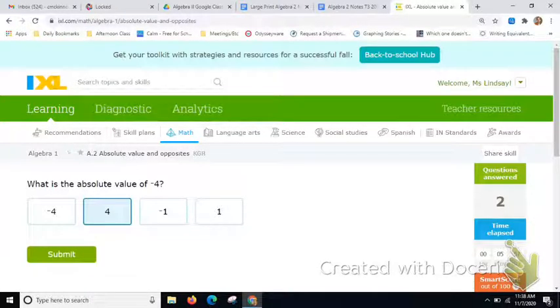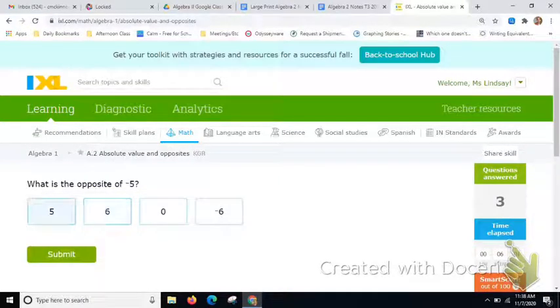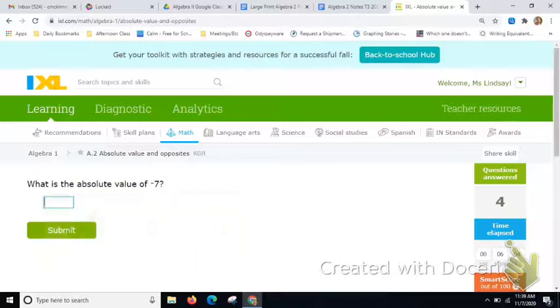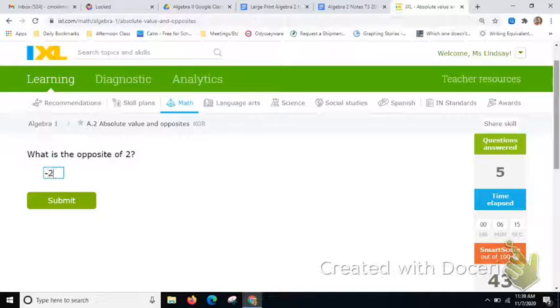How far is negative 4 from 0? 4. The opposite of negative 5, 5. The absolute value of negative 7, yep, positive 7. The opposite of 2, so opposites can be negative, so that's negative 2.